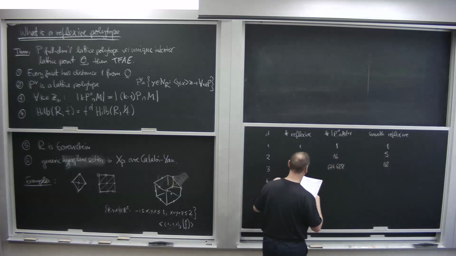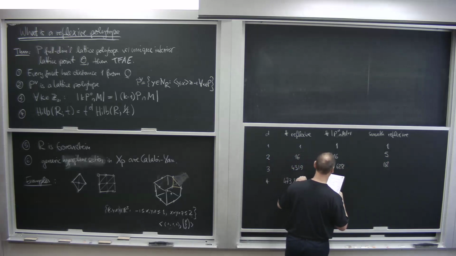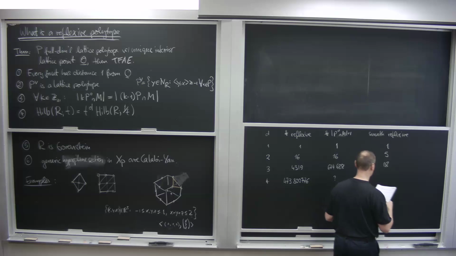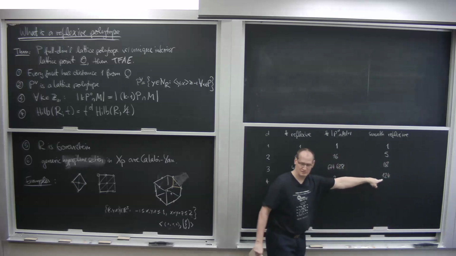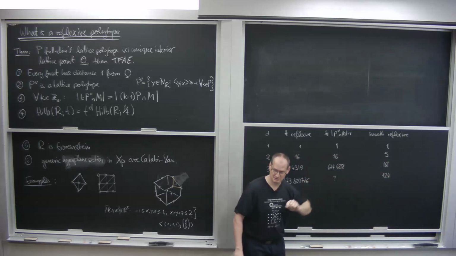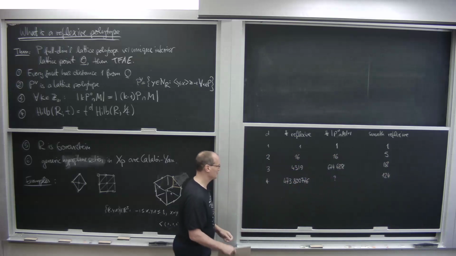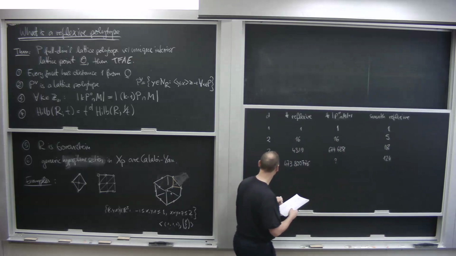In dimension 4, the number of reflexive lattice polytopes is half a billion. Who knows? And 124 smooth ones. Those were classified by Victor Batyrev in his PhD thesis. Well, 123 of them were found, and then somebody else found the last missing one.